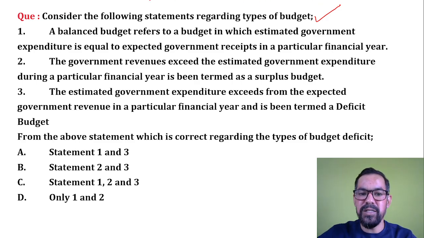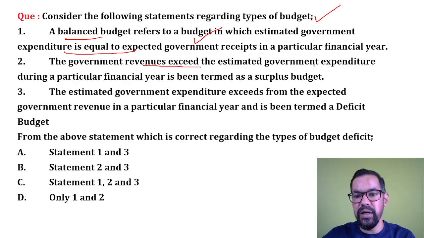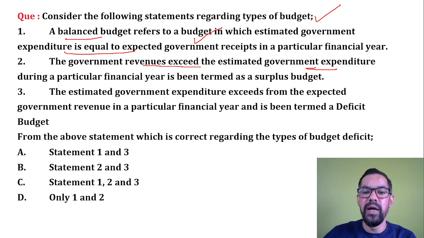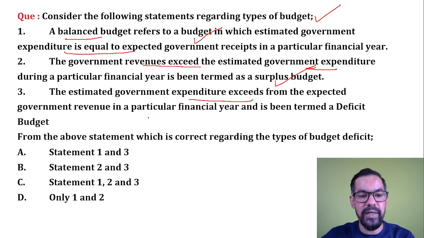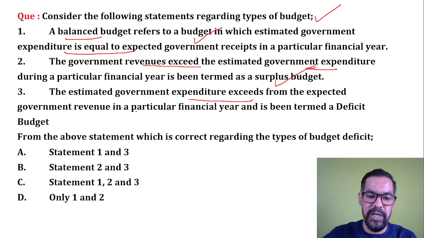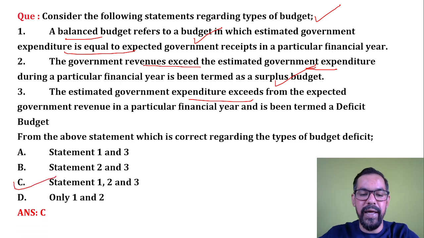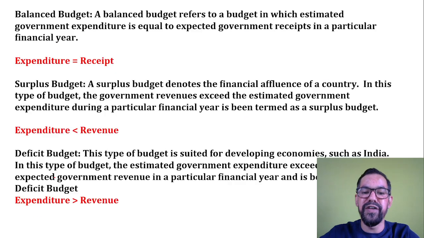A balanced budget is about balance, so income and expenditure are equal, so this is the correct statement. The second one is when revenue exceeds government expenditure, when your revenue is higher than your expenditure, that is called the surplus budget, again correct. And deficit is when your expenditure exceeds and revenue is lesser, that is generally known as a deficit budget. So statements 1, 2 and 3 are all correct regarding the different types of budget.